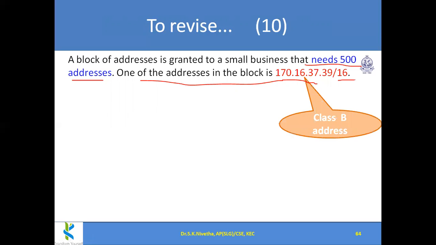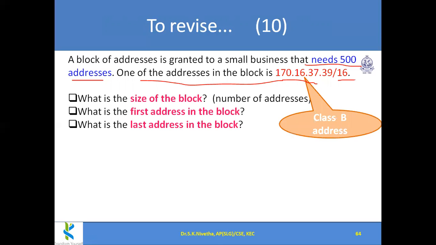Now the questions are: what is the size of the block? What is the first address in the block? What is the last address in the block? You can apply the formulas we have seen previously. So you can try it yourself and check the answers. Okay. Thank you.